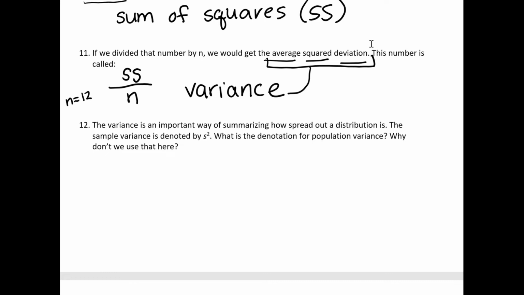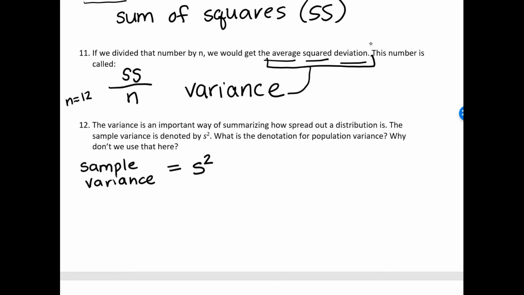Now, the variance is an important way of summarizing how spread out a distribution is. The sample variance, just to add a couple of notes here, we denote with this symbol, S squared.